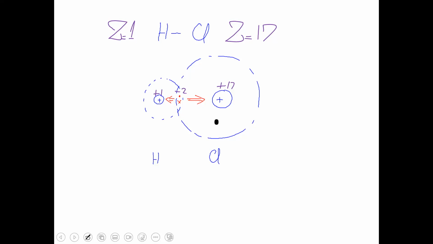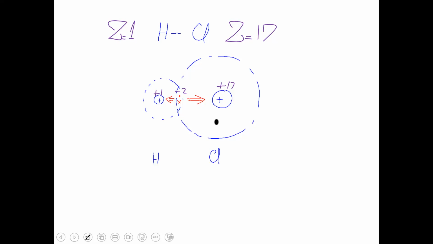Chlorine has a +17 charge. Hydrogen has a +1 charge. The electron pair has -2. So can you guess who will attract the electron pair more effectively? Is it the larger molecule, right?